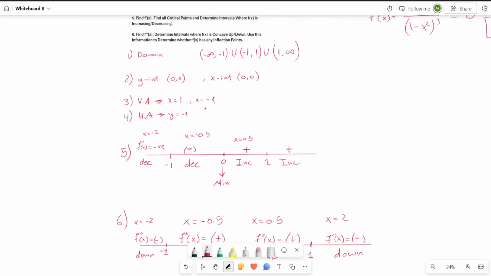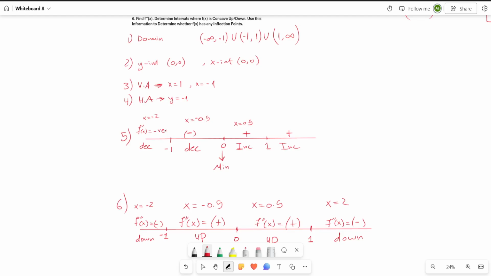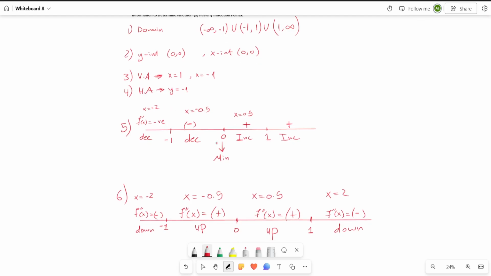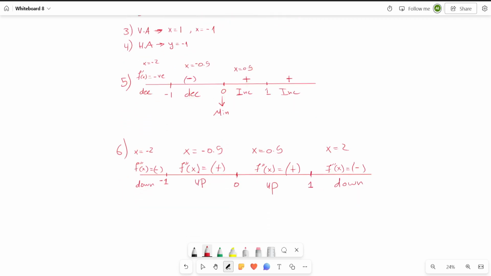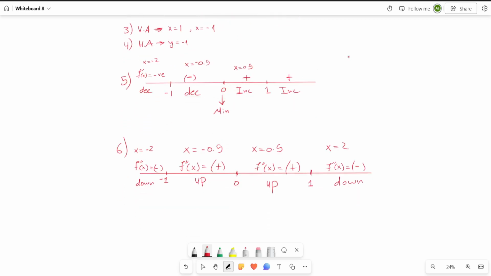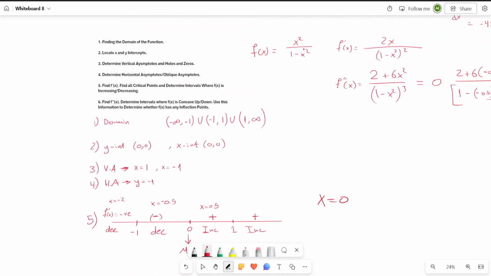Okay. Let's now move on to putting any critical point or stationary point. So we know that we have a minimum point at x equals 0. When x equals 0 in the original function, y is also going to equal 0 because you're going to add 0 here and 0 here.